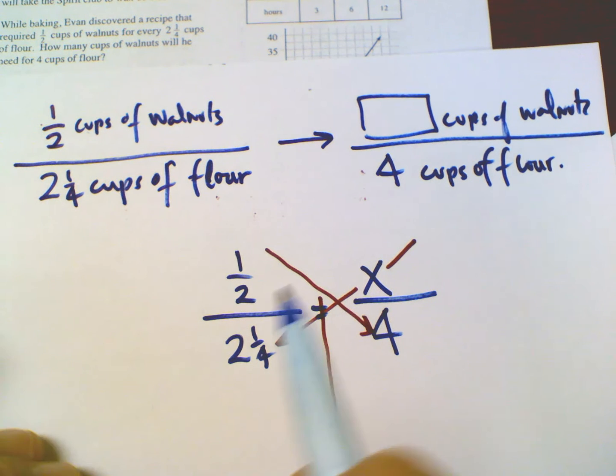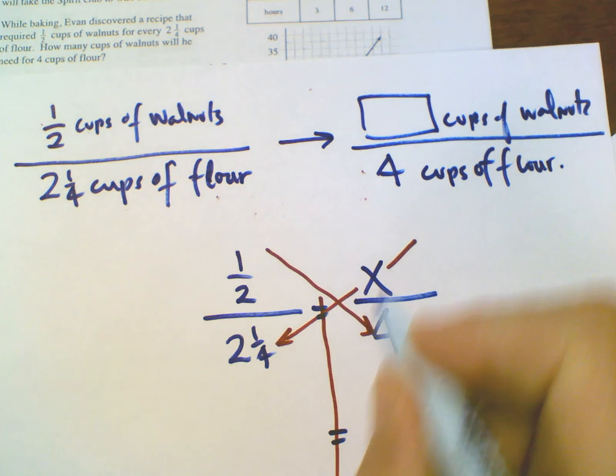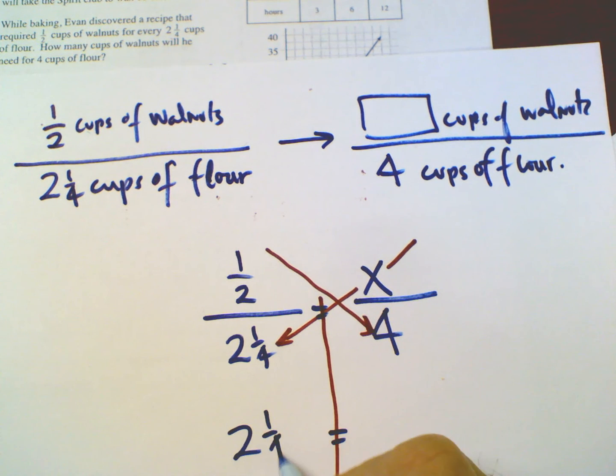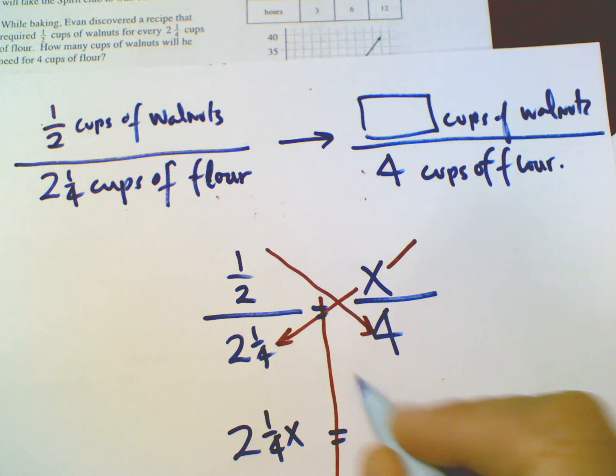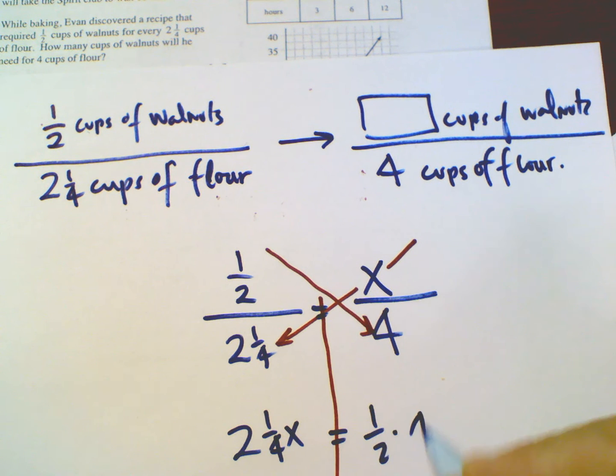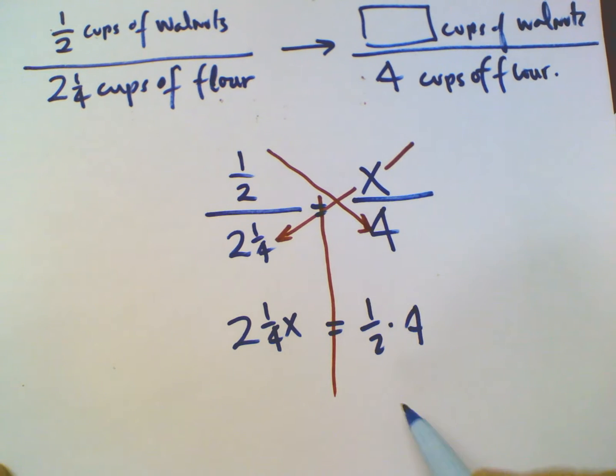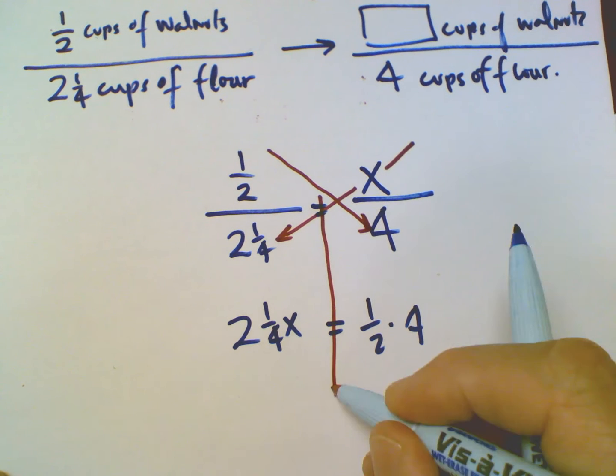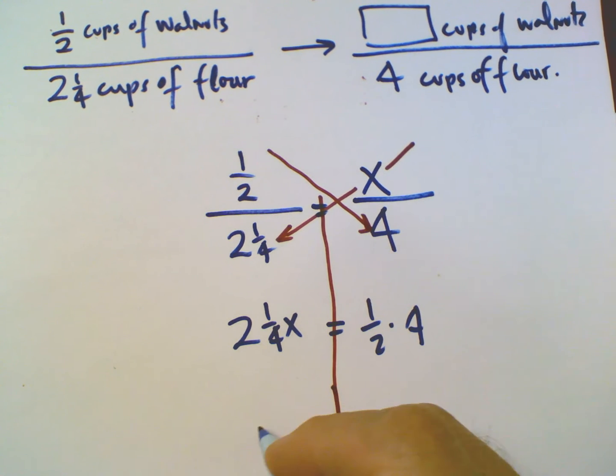So it sets itself up to where the equal sign stays, and I have 2 1/4 X is equal to 1/2 times 4, right? So at that point, I've got a nice little equation to solve for X.